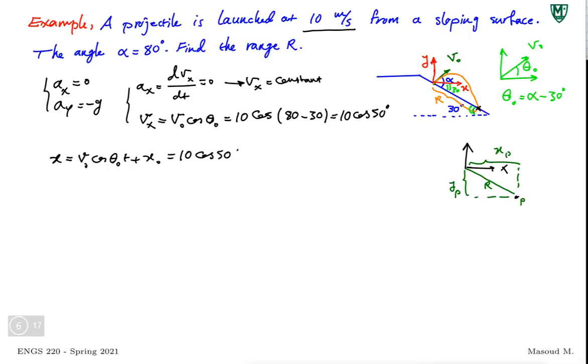And we have T. X naught is 0 because I put the coordinate where the motion is started, so there is no X naught. We call this XP following the notations I put here. Let's say this is XP and this is YP, where the particle is. So this is your XP. I'll just put it separately, 10 cosine 50 T.